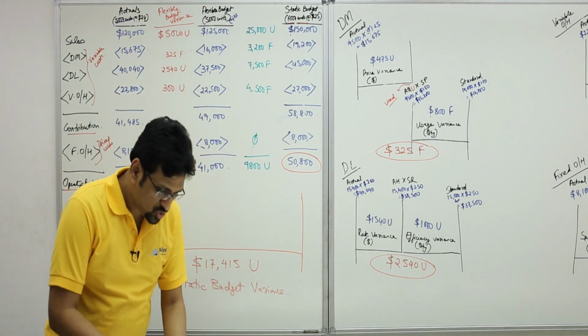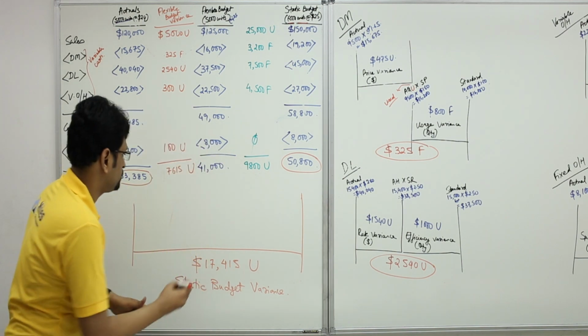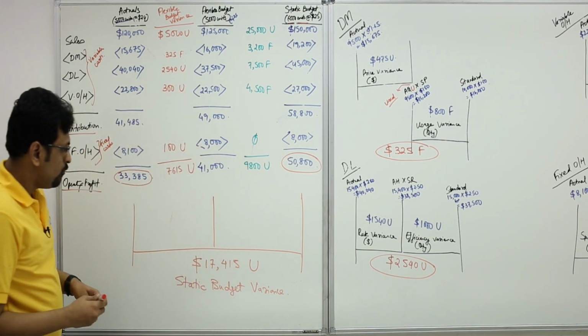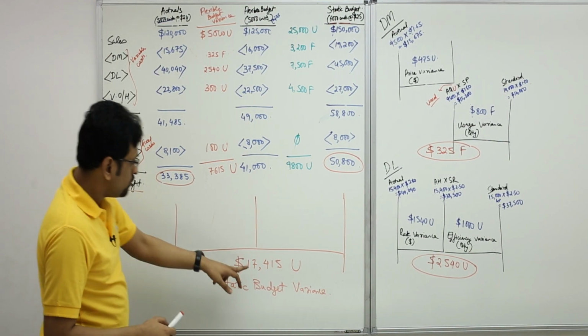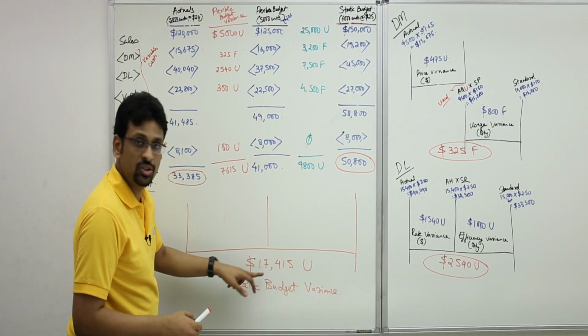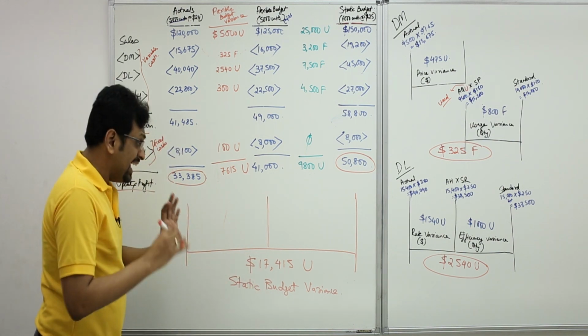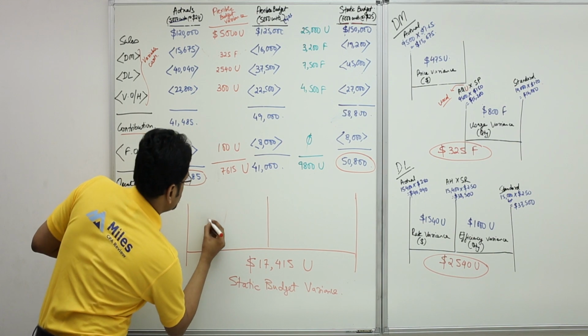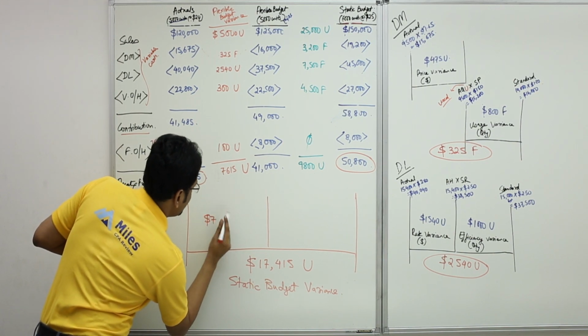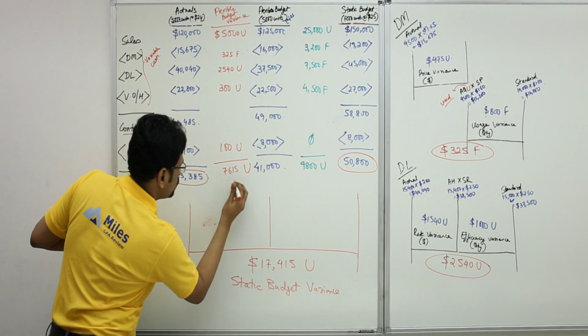So guys, what I'm trying to say here is, we have a static budget variance of $17,415. This includes the flexible budget variance of 7,615. So writing it, let me just draw an arrow here.